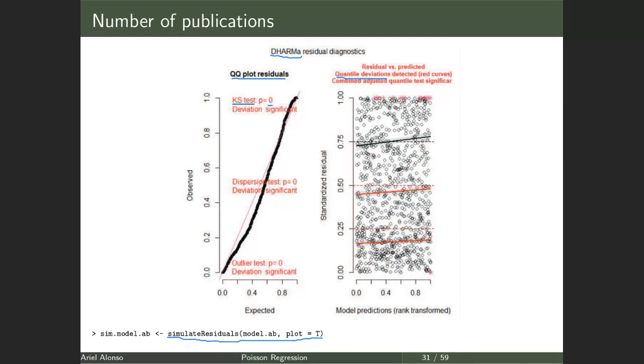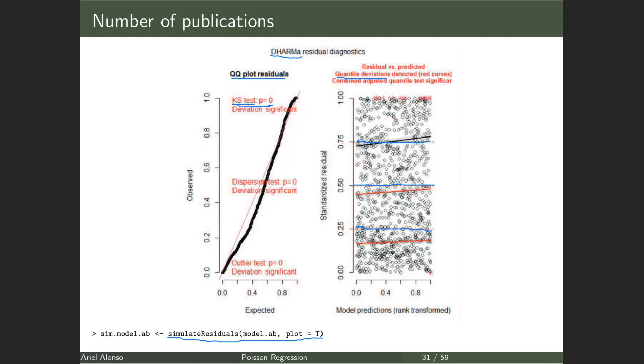And then here you have the quantile deviations. What is that? Well, here you have the 25% quantile coming from a uniform distribution. Here you have the 50% quantile from a uniform distribution, and here the same. The lines are the quantiles you get from the residuals, which should be uniform. Obviously, we know already from this test over here that they are not uniform, and you see it also in the quantiles.